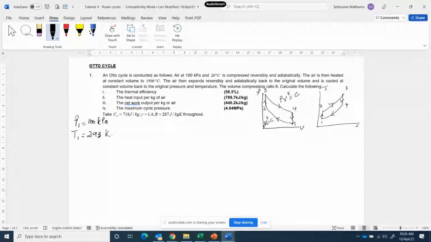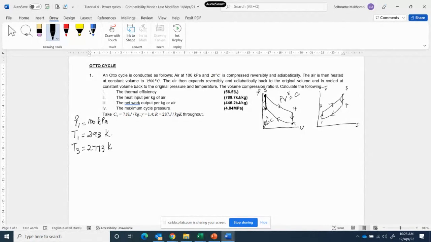So it's compressed from 1 to 2. The air is then heated at constant volume to 1,500. In other words, T3 is 1,500, T3 is 2,773. Okay, so we are at point number 3.